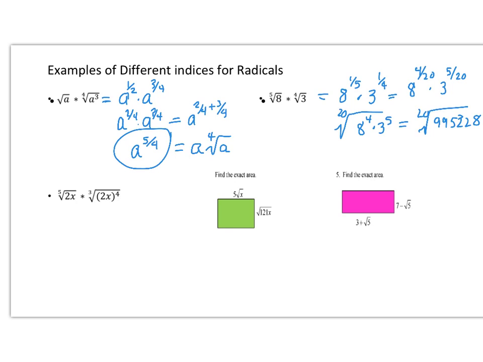Now in this problem, we're going to treat the 2x as a single variable. So in this particular case, I'm going to get 2x raised to the 1/5 times 2x raised to the 4/3.